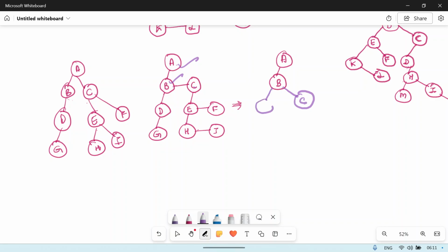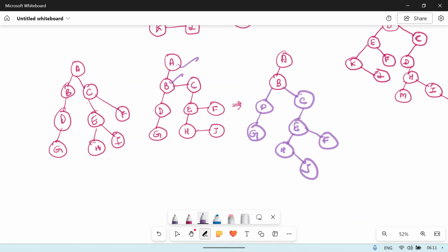And on the left side, everything is one node itself, so no change, it remains as it is. Now, when it comes to C, its left child you write as it is, and E, the sibling, you tilt. So it will come like this. Likewise, draw the H node and its sibling, you tilt.